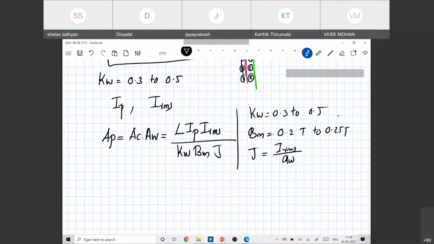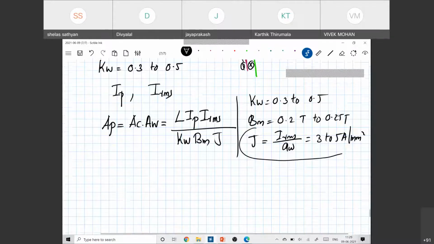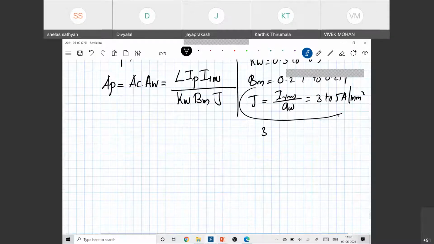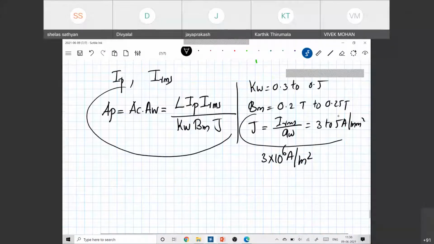Usually it is in the range of 3 to 5 ampere per mm square for a bare conductor. For a naturally cooled bare conductor, the current density can be taken in the range of 3 to 5 ampere per mm square, or 3 into 10 raised to 6 ampere per meter square if you convert it into meters. So the area product of a core can be calculated by knowing these values.